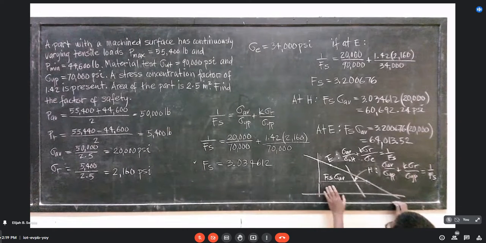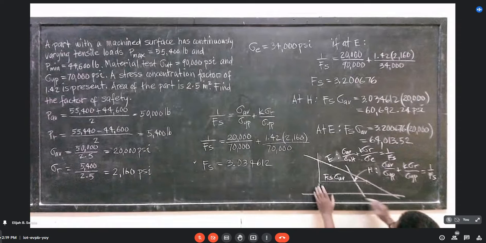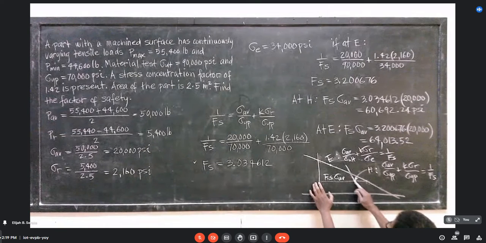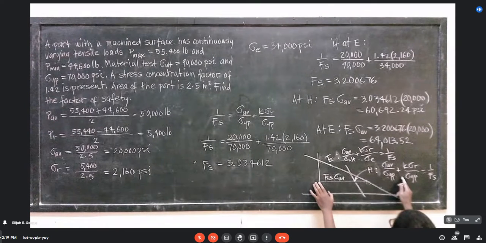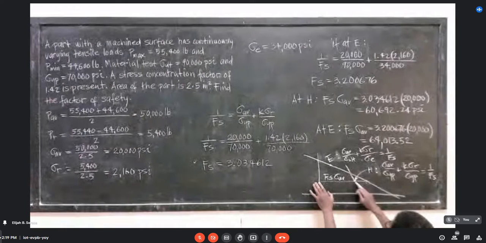Now you have two values of factor of safety average. And according to the graph, this one, using this formula, should be smaller than this one.